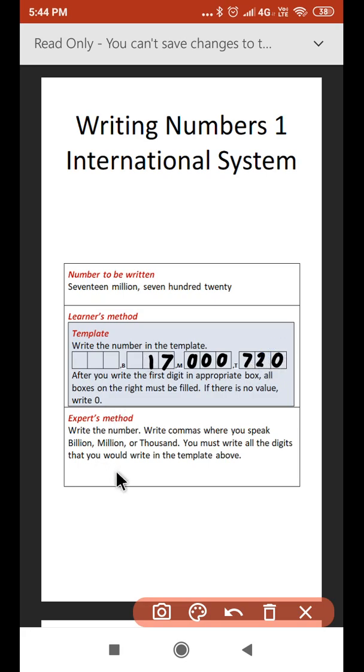Writing the expert way, again we first write 17 and a comma for million. Then since there are no thousands, 3 zeros followed by comma is 0,000, and then we have 720.